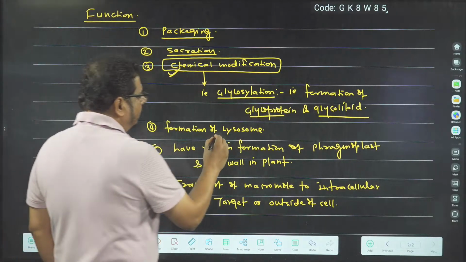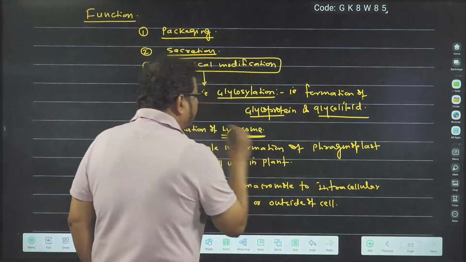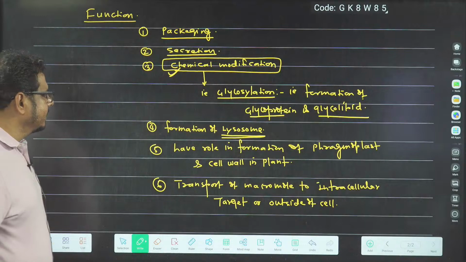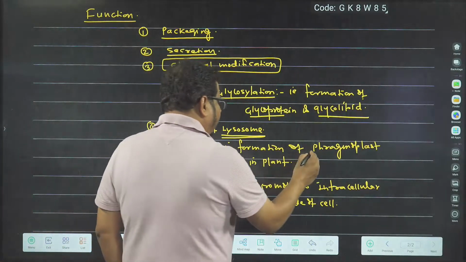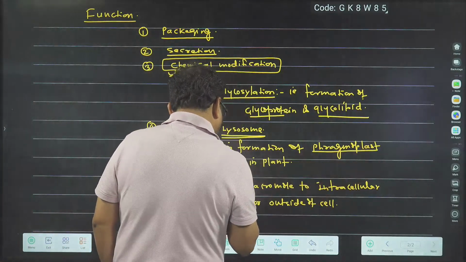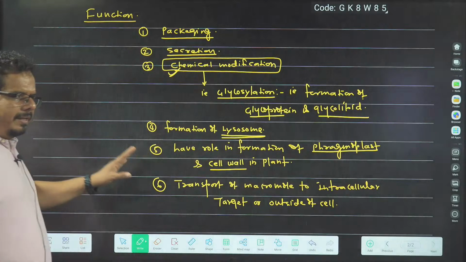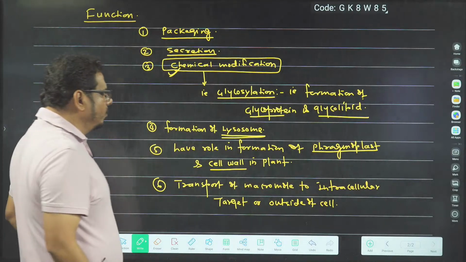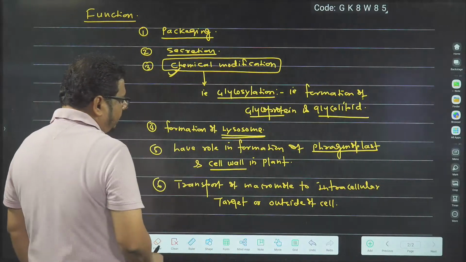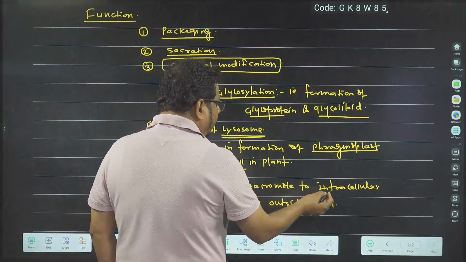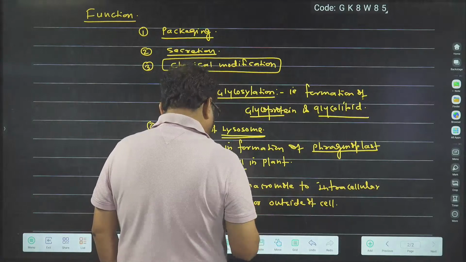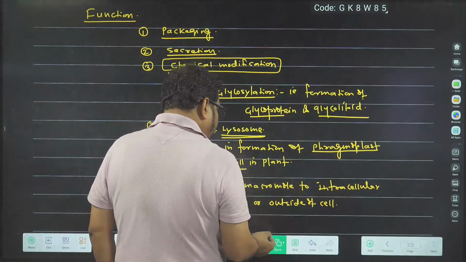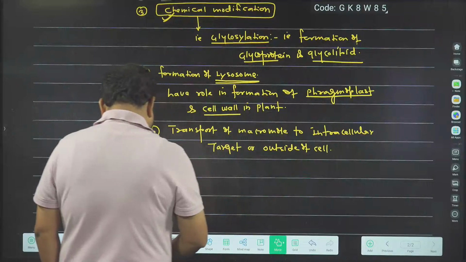Another function is formation of lysosome. Another function is formation of phragmoplast or cell wall. It not only plays a role, it is a part that plays a role in their formation. And transport of macromolecule to intracellular target or outside of the cell.